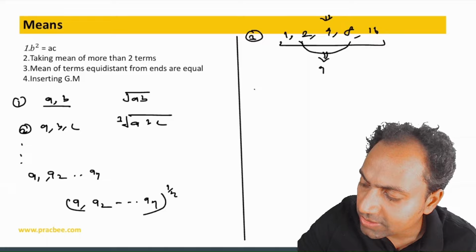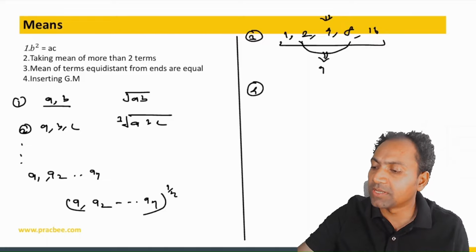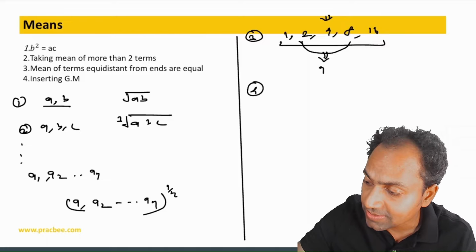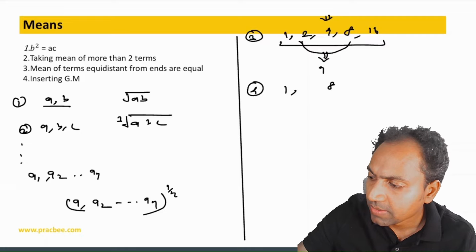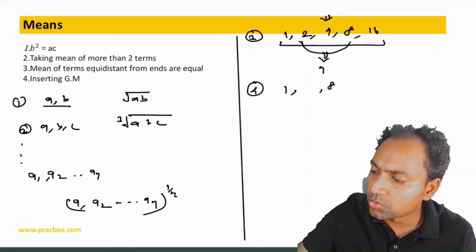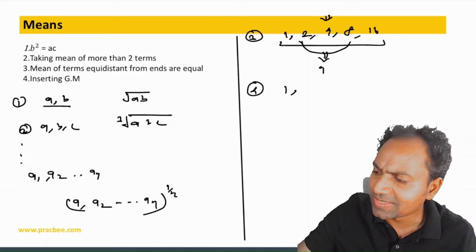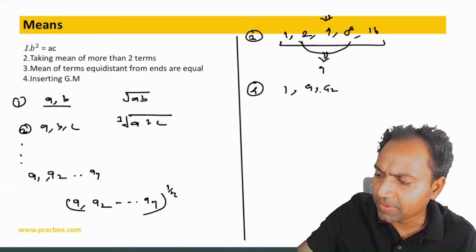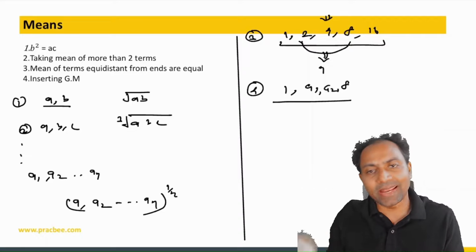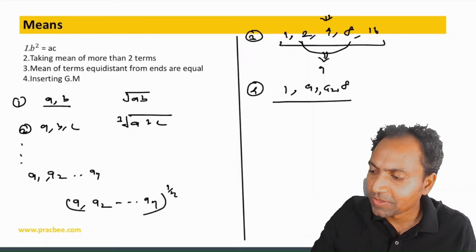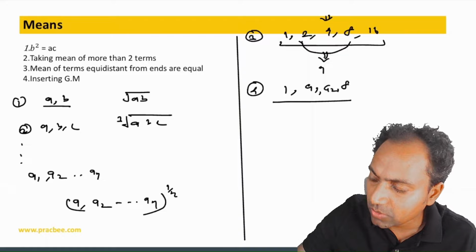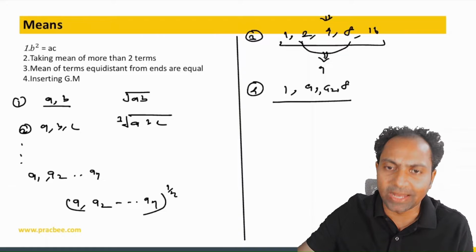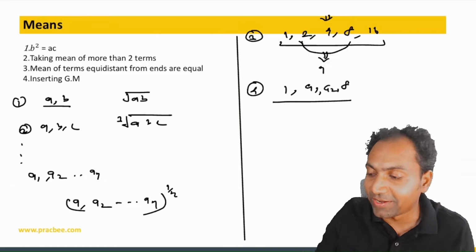And the fourth is about inserting AMs, inserting GMs. So what we are saying is, let us say we have 1 and 8 and we want to insert two geometric means between them. This is exactly what we did with AP. So what does this mean now? A, G1, G2 and 8 are going to be in GP. So if I consider this phenomenon, the only thing that we do not know is R, and in GP, R is very important.